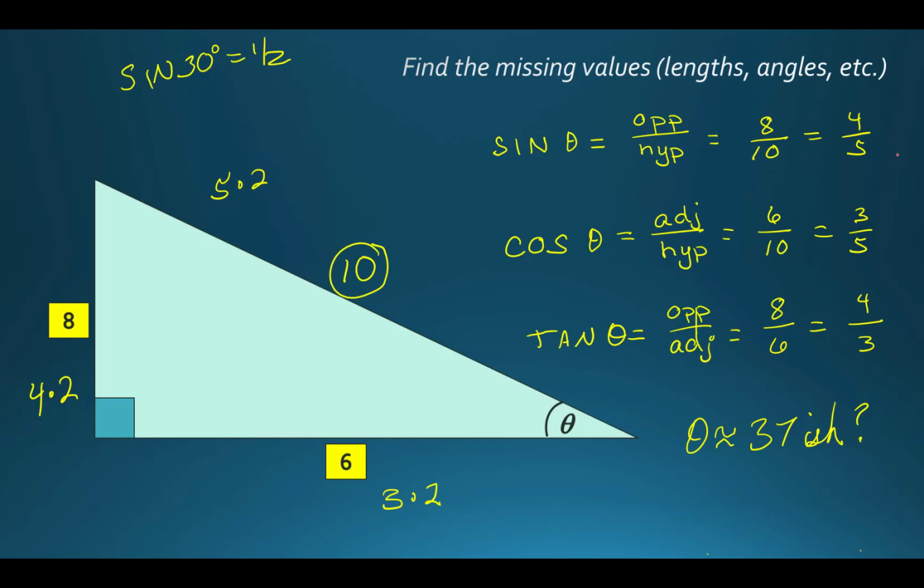This is 4/5. So this is clearly not a 30-degree angle. And it's not a 60-degree angle either, because the sine of 60 would not be 3/5. So it's kind of in between the two. So that's not a 30-degree angle.